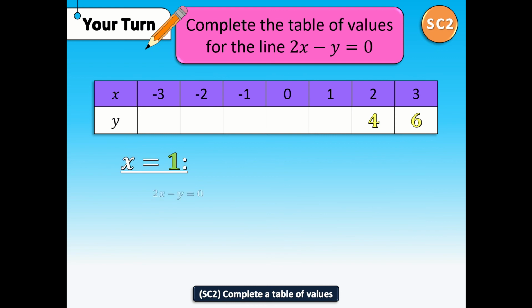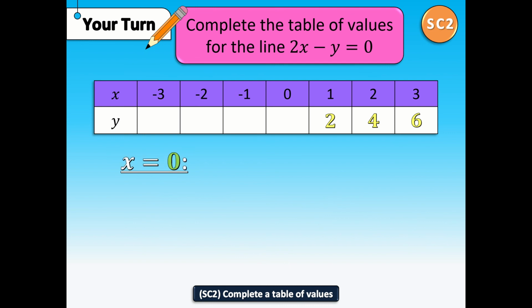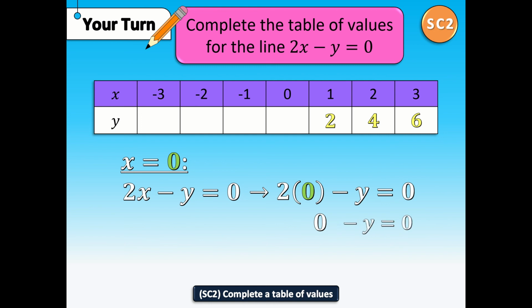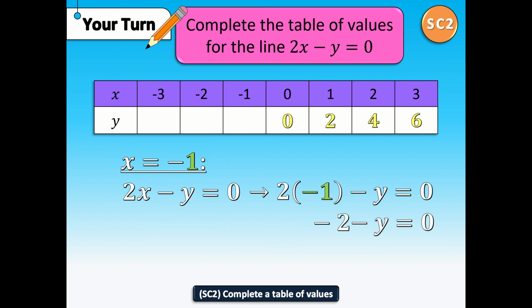When x equals 1, 2 times 1 is 2, and 2 take away y is 0, so y must be 2. When x equals 0, y must be 0. When x equals minus 1, y must be minus 2.